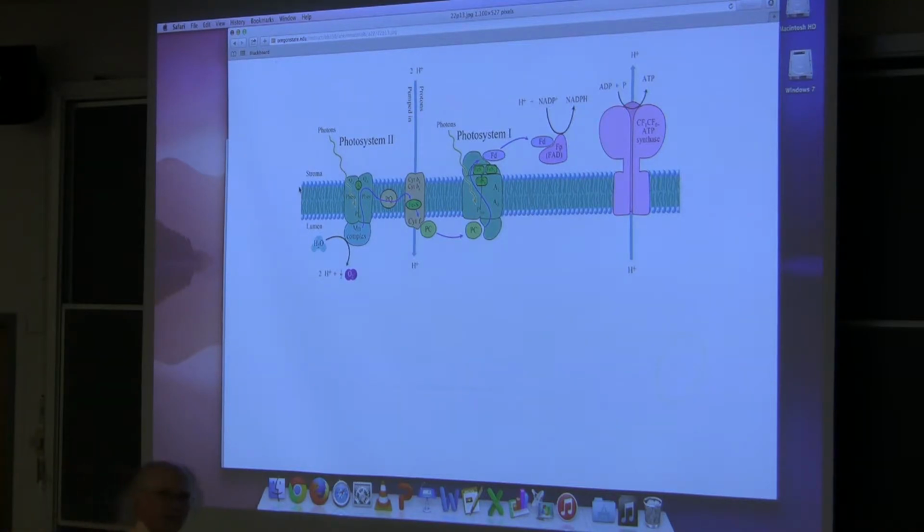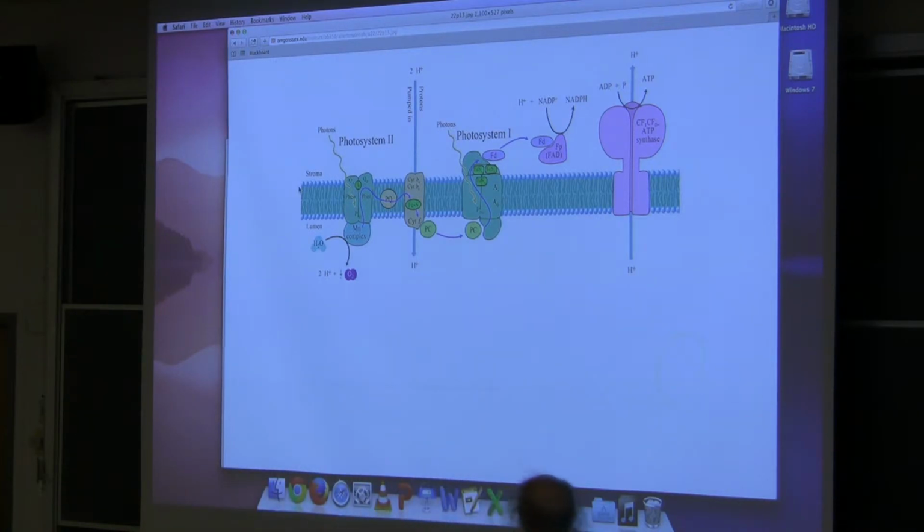And the difference here is that instead of calling it oxidative phosphorylation, we call it photophosphorylation because it's the light energy that's driving the whole process. In our mitochondria, the thing that's driving the process is oxidation, which is why we call it oxidative phosphorylation. Okay? Pretty cool stuff.